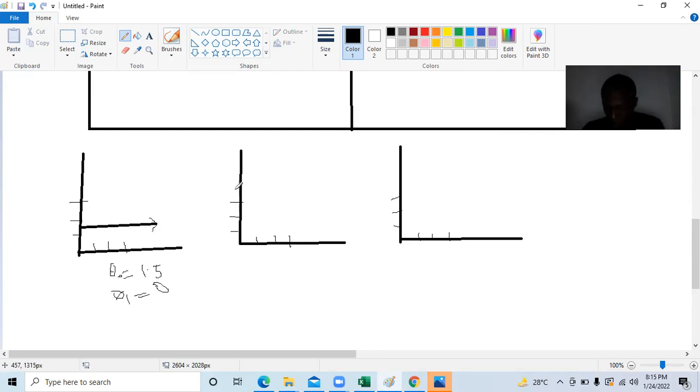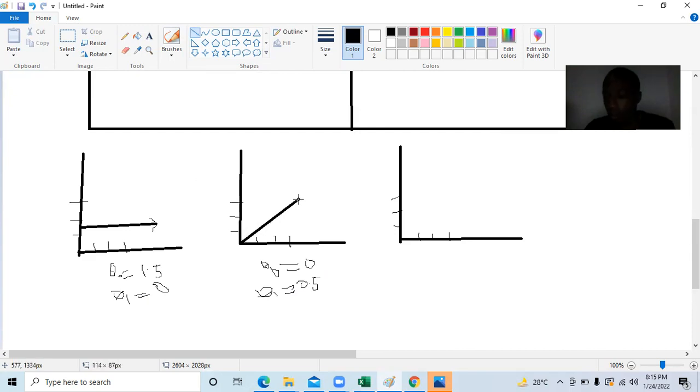If our theta 0 is 0, so we start from the origin, and our theta 1 is 0.5, we are going to have a graph that looks like this.